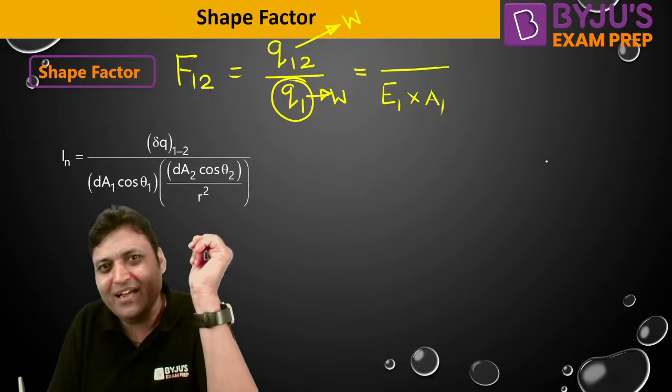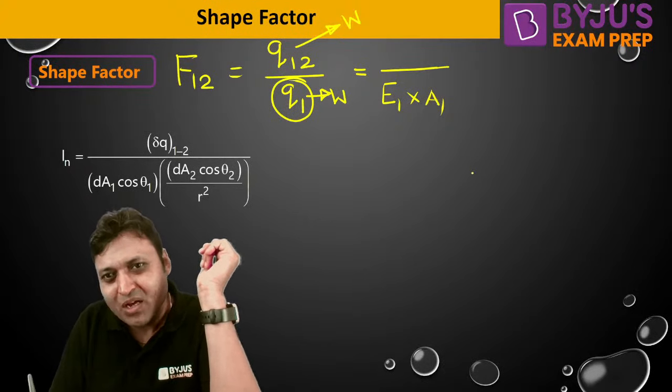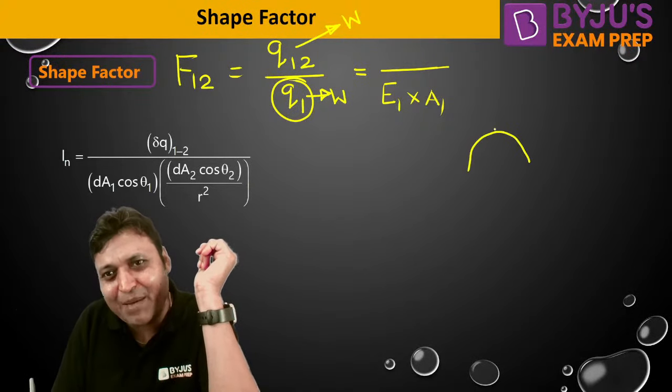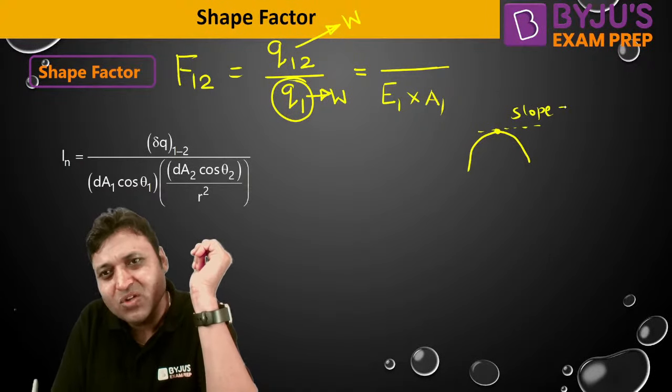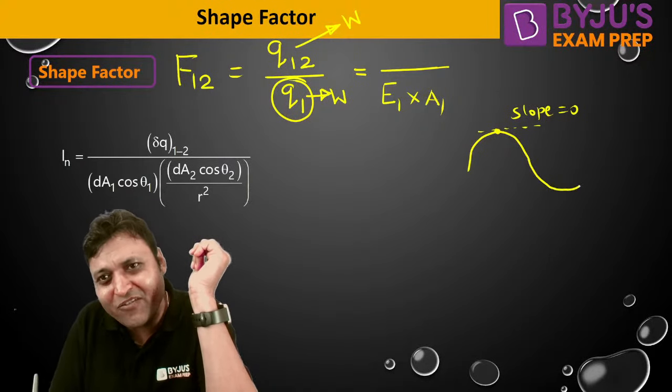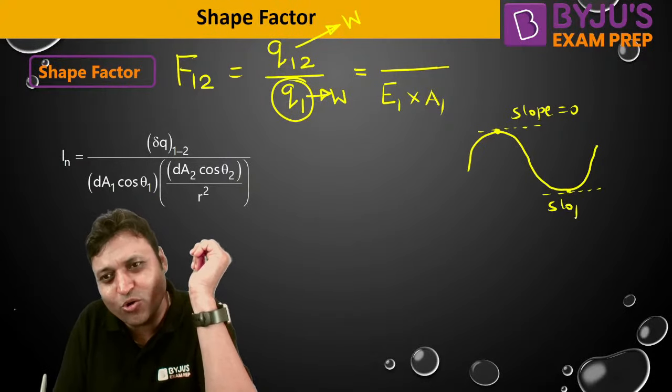Yes, Susan. Actually, the derivative of a function is nothing but the slope. So whenever we are touching the maximum point, the slope will become 0. Even when we are touching the minimum point, the tangent will be horizontal, then also the slope will be 0.